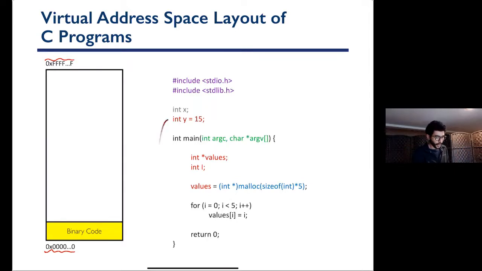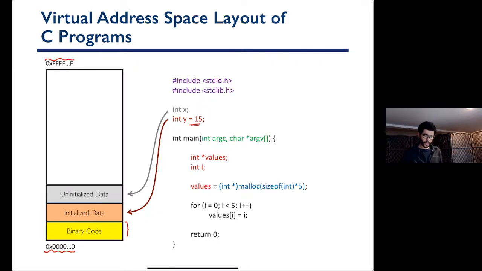Now the bottom part basically has the code, the binary code. All the global variables that are initialized, like this one, which we initialize to 15, go on top of the binary code. Anything that is not initialized goes on top of the initialized ones.